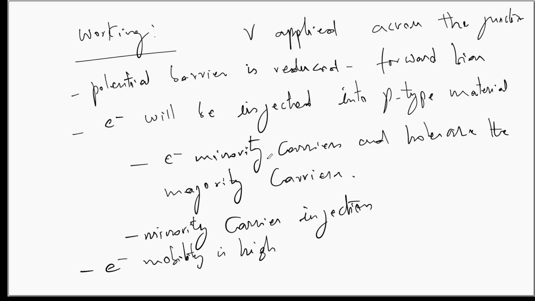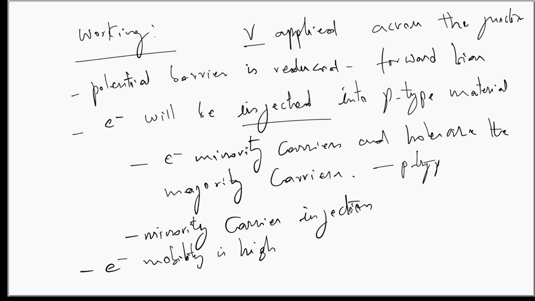We have seen the working of the LED. If V is the applied potential difference across the junction, the potential barrier is reduced due to the forward biasing. Under such conditions, electrons will be injected into the P-type material. Since electrons are minority carriers and holes are majority carriers on the P side, we call it as minority carrier injection, because we are injecting minority carriers into P-type material, that is the electrons into the P-type material.